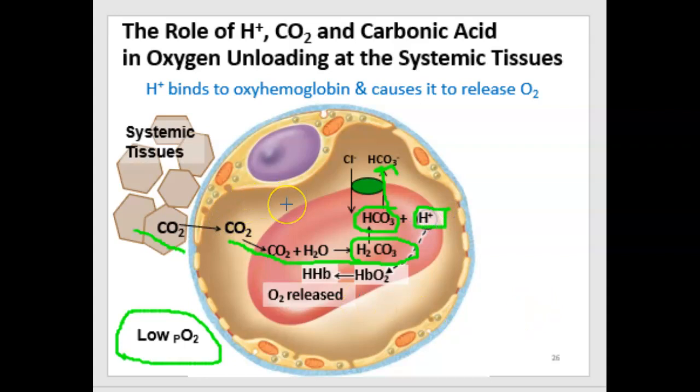And presumably, since this blood came to the capillary bed full of hemoglobin bound to oxygen, it's very important that at the same time the red blood cell is taking up carbon dioxide, the hemoglobin needs to release oxygen.